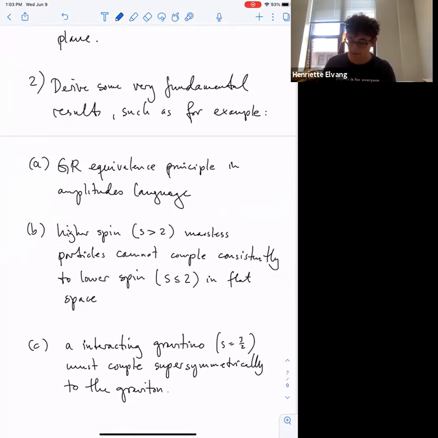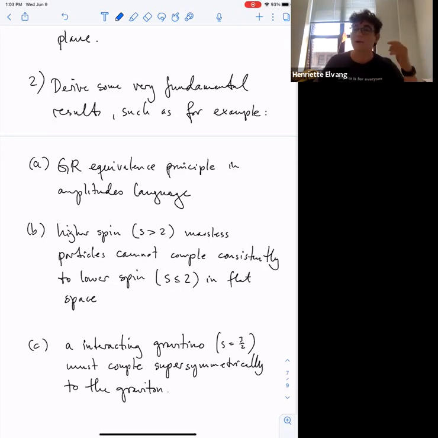And then another statement you might have heard about is that when you have gravitinos and you try to make them interact, there's one thing that you always must have, and that is that gravitinos must couple to gravity. And the only way they're allowed to couple is in the way that preserves supersymmetry.